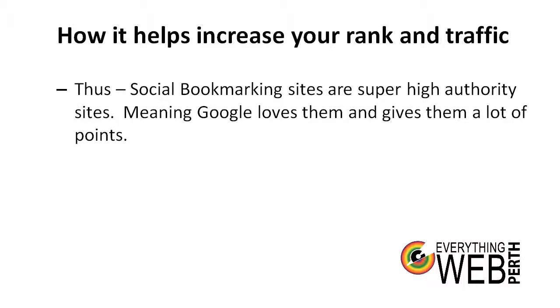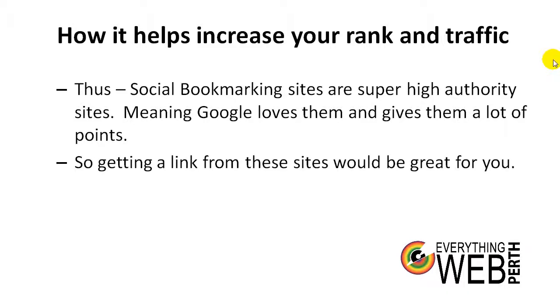So if Google sees these sites as important, these are super high authority sites, which means that Google loves them. They give them a lot of points and weight. So basically, getting a link from these sites would be in your best interest.